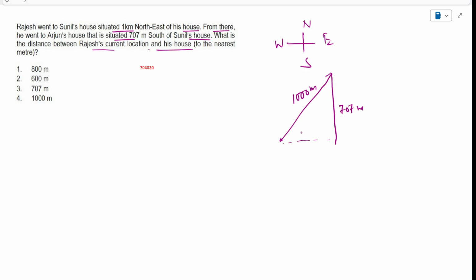So you can see how this forms the triangle. You can question me that it may not be a right angle triangle, but otherwise this question is not solvable. So 1000 meter, we take this as 1 and this as 0.7. So what is this distance? Square root of 1 square minus 0.7 square.